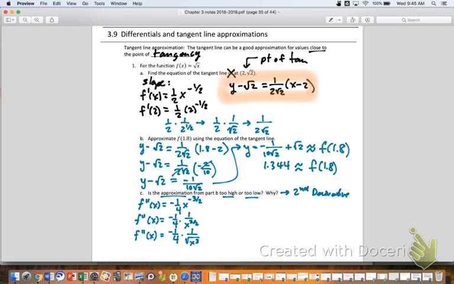Negative 1/4 times 1 over square root of x cubed. So then I could come up here finally and say f double prime of x equals negative 1 over 4 times the square root of x cubed. You don't have to do all that. I just wanted to do that so we can clarify what that all means. Is that okay? Okay.